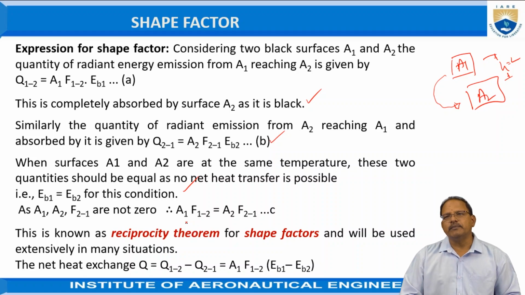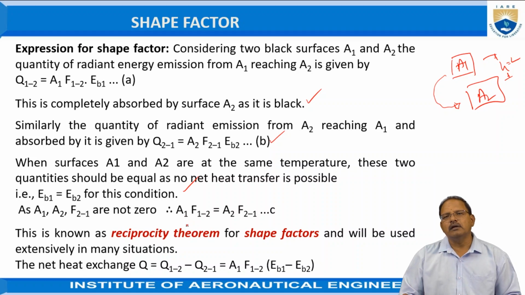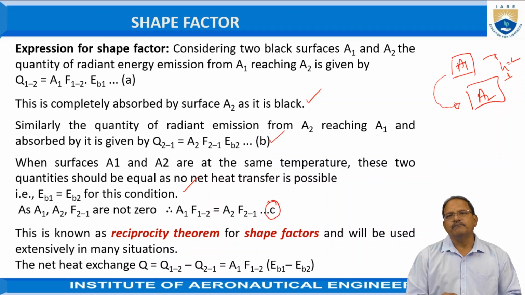The second factor is the geometrical shape. Assume both have the same geometrical shape. The third is the area which is exposed. These are also important. If they are not equal, then it can be written as A1 into F12 equal to A2 into F21. This is represented in equation number 3.